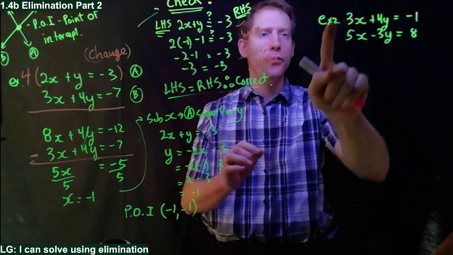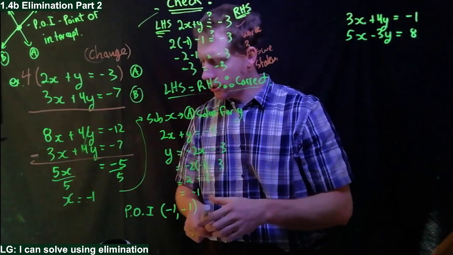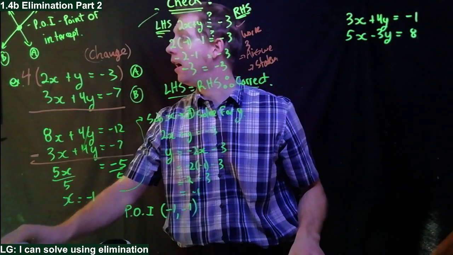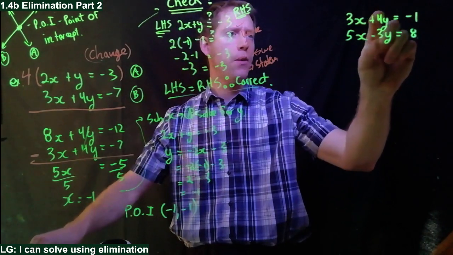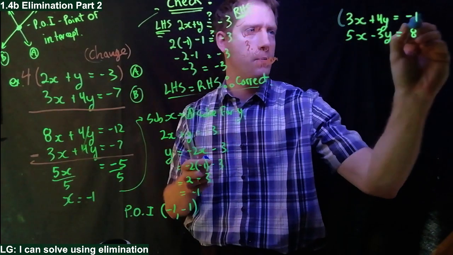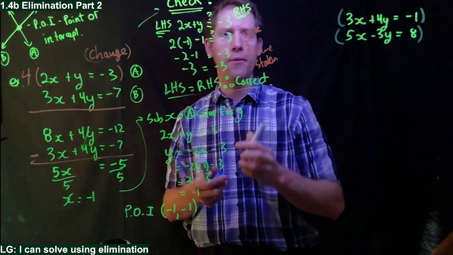And a quick way to figure out what number can I multiply to make these 2 equations the same? What do you think there, Harrison? I want to make one of these variables the same. What can I multiply these guys by to make both equations, one of the variables the same?